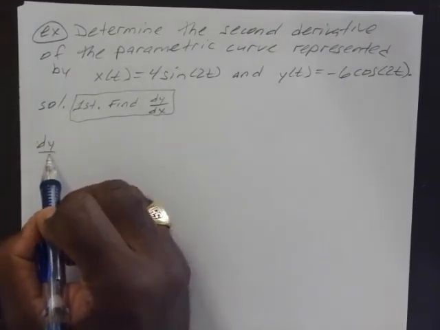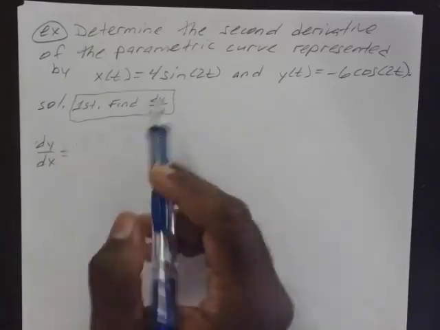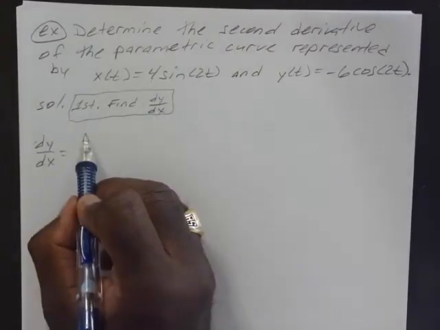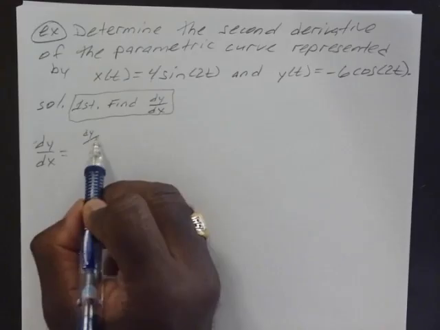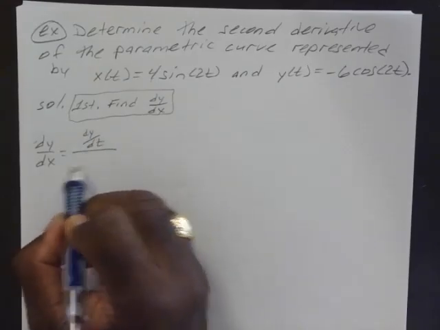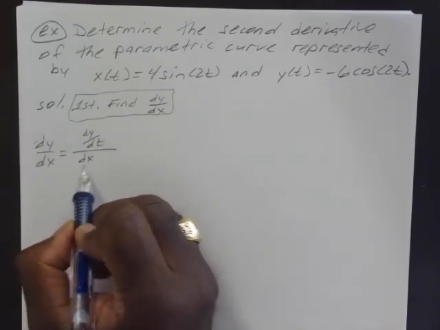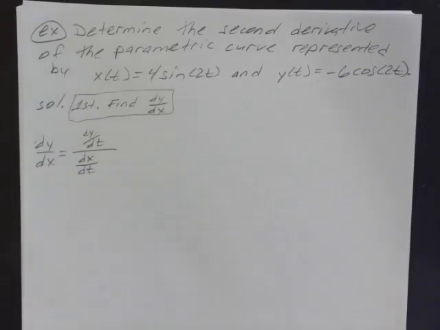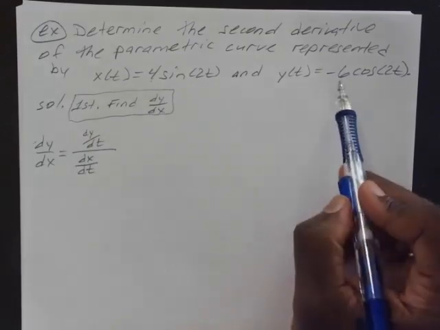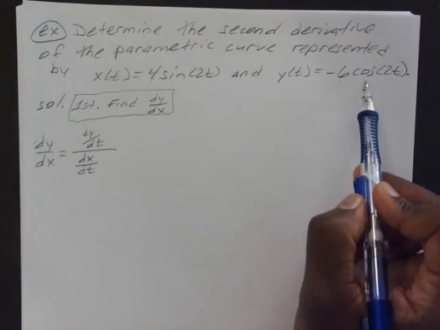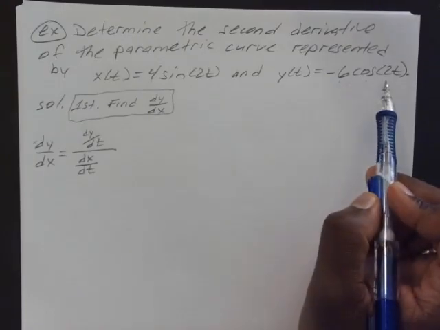Okay, so we know our dy dx is equal to your derivative of y with respect to t divided by your derivative of x with respect to t. Okay, well, we know that our y is equal to negative 6 times cosine of 2t.